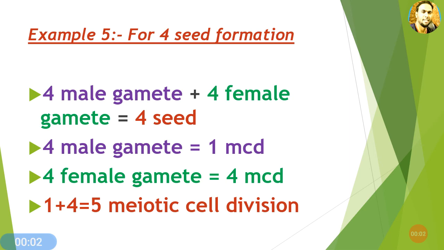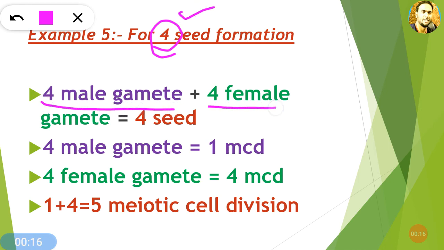Now example number 5. In example number 5, if a plant has to produce 4 seeds, then how many meiotic cell divisions are needed? As you know, for 4 seeds, 4 male gametes and 4 female gametes are needed. So when 4 male gametes fuse with the 4 female gametes, 4 seeds will be produced.